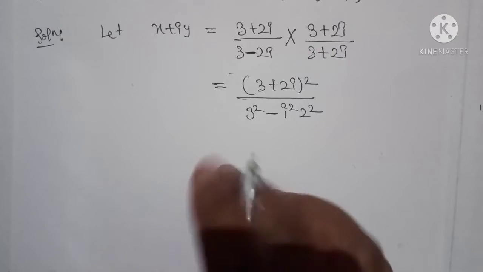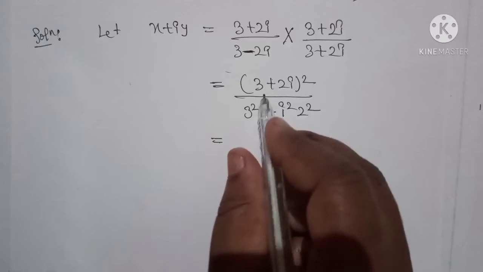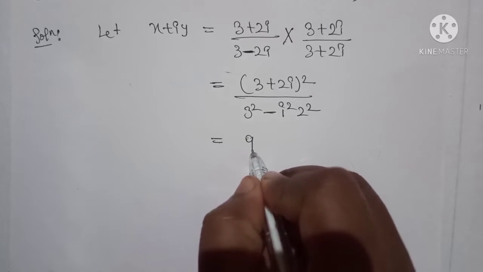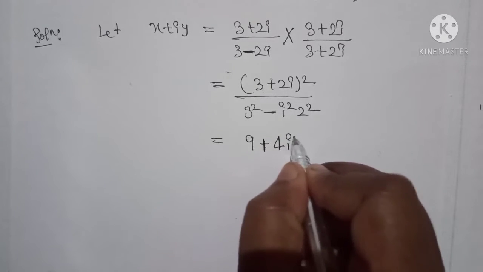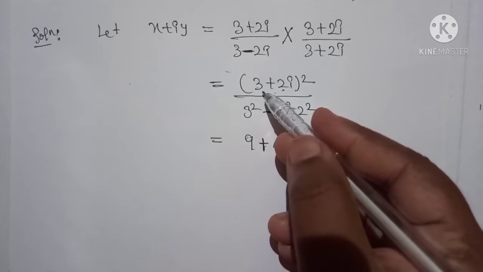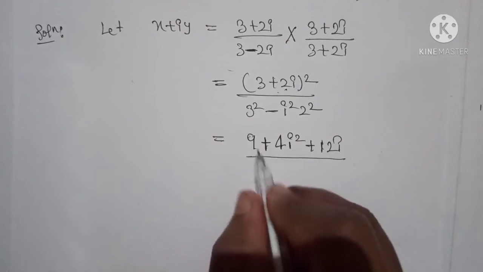Now expanding the numerator, applying the (a plus b) whole square formula: a square means 3 square, which is 9, plus b square, that is 4i square, plus 2ab, 2 into 2 is 4, 4 into 3 equals 12i, divided by 3 square, 9.